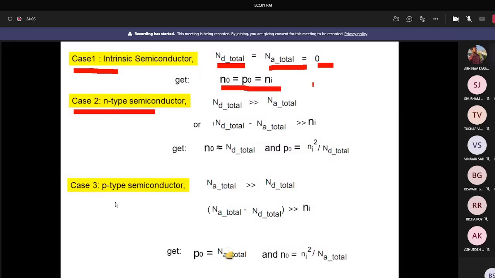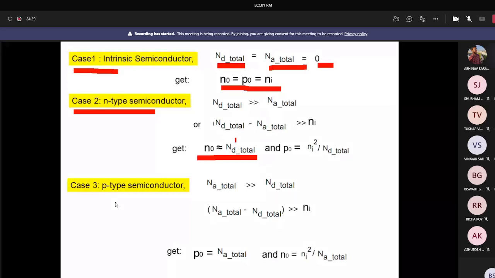So that means when we are doping, if it is completely ionized, then we can say the electron concentration n0 in an n-type semiconductor is almost equal to Nd total, that means the donor atom concentration. What doping concentration you use to get your n-type semiconductor is in your hand.